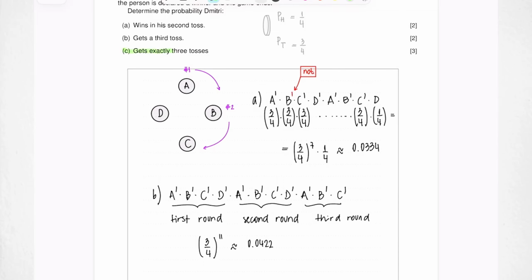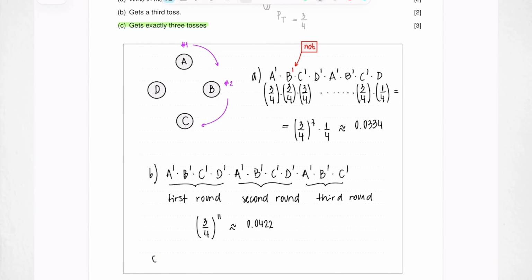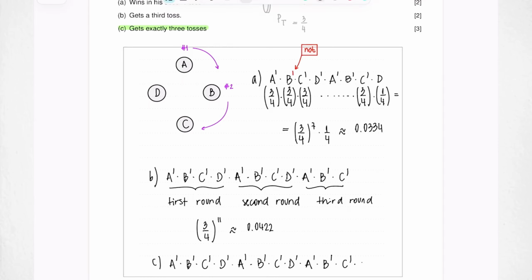Now for C, we have a different scenario. We want the probability that Dimitri gets exactly 3 tosses, which means that we need to take into account the cases where he wins and where he does not win. For him to win with 3 tosses, we just need to continue this and state that he won on the third toss.